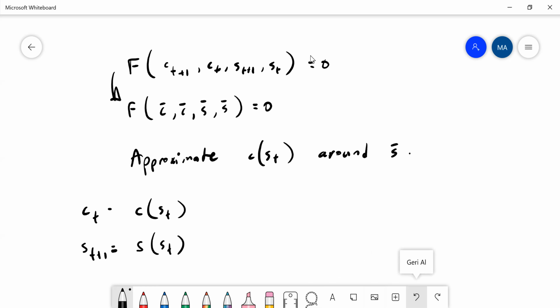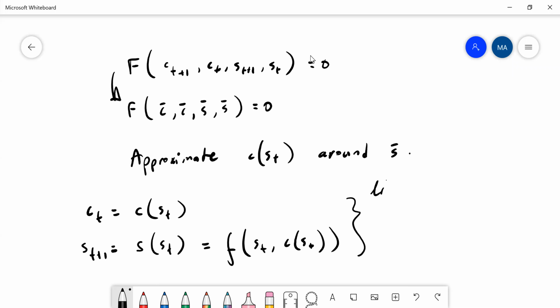So the transition equation is basically f of s t, c of s t. All right. Of course, these are, let's say, the correct functions that you do not know. With a linear approximation, you can do a linear approximation.